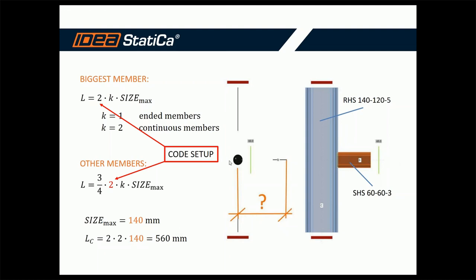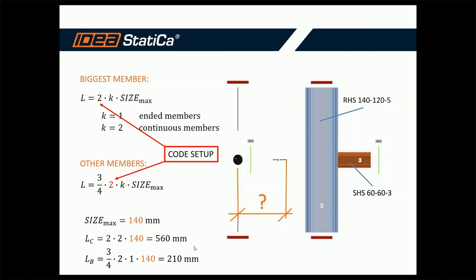And for the beam, it will be 3/4 times the number 2, which is given by the code setup, times 1, because it's an ended member. And again, I will use these 140 millimeters as the maximum size.